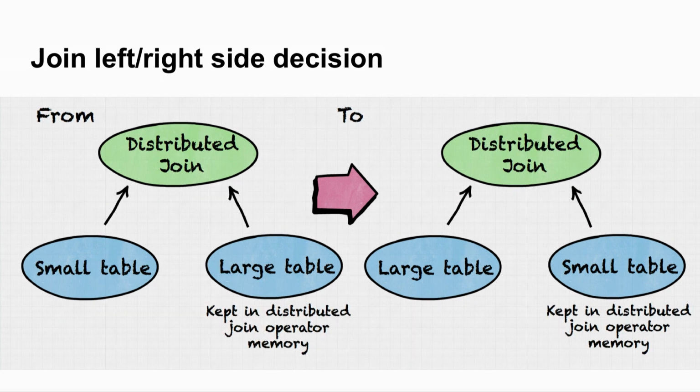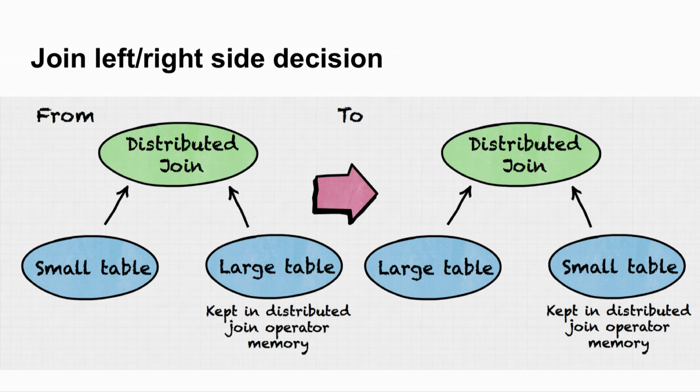So that's pretty basic. The second thing is the decision on the left or right side. Let's say both tables are bigger, so there's no way to do a broadcast join, but we still can make a decision.